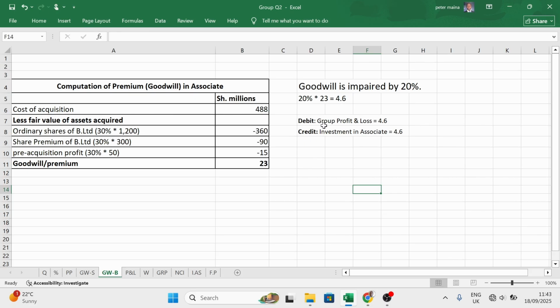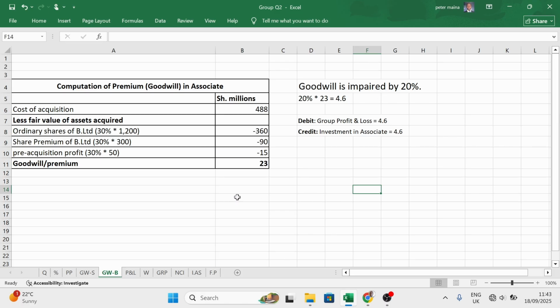We are going to debit group profit and loss, that is the retained earnings, and then we are going to credit investment in associates account, which we are yet to prepare. So now that we have goodwill for both companies, we also have the goodwill impaired, we can move to the next thing.